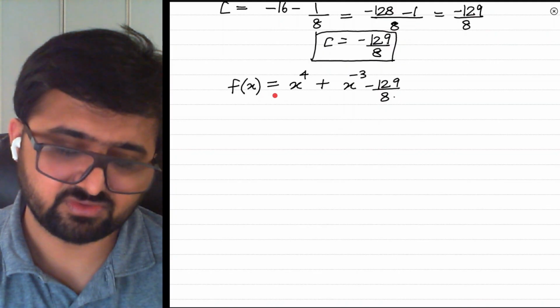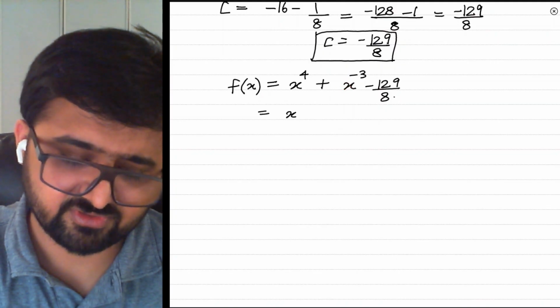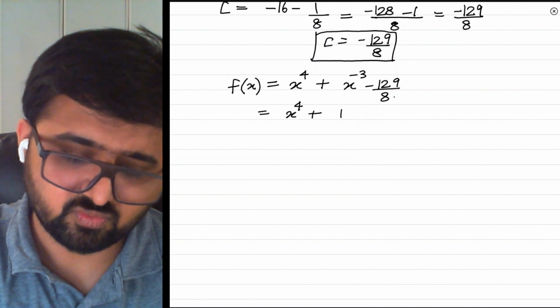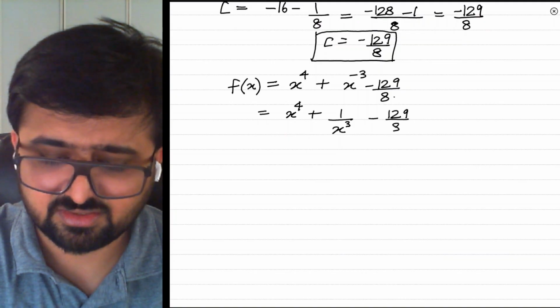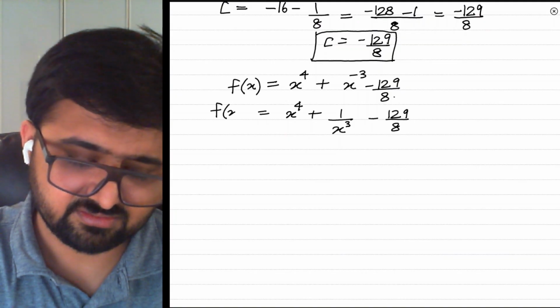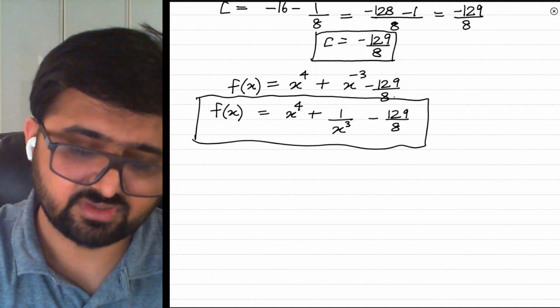That's your function that we are looking for. You can also write x to the power minus 3 to simplify it further as 1 over x to the power 3 minus 129 over 8. Now that's the answer of f of x that we are looking for.